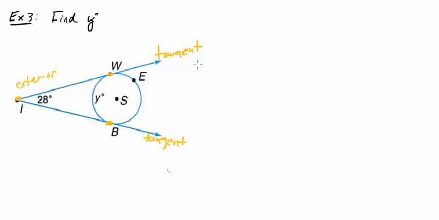So we're going to use our theorem, and our theorem says that if they intersect outside of the circle, we have to take half of the positive difference. So the measure of angle I is equal to half the difference of the two intercepted arcs. So angle I we know is 28 degrees.